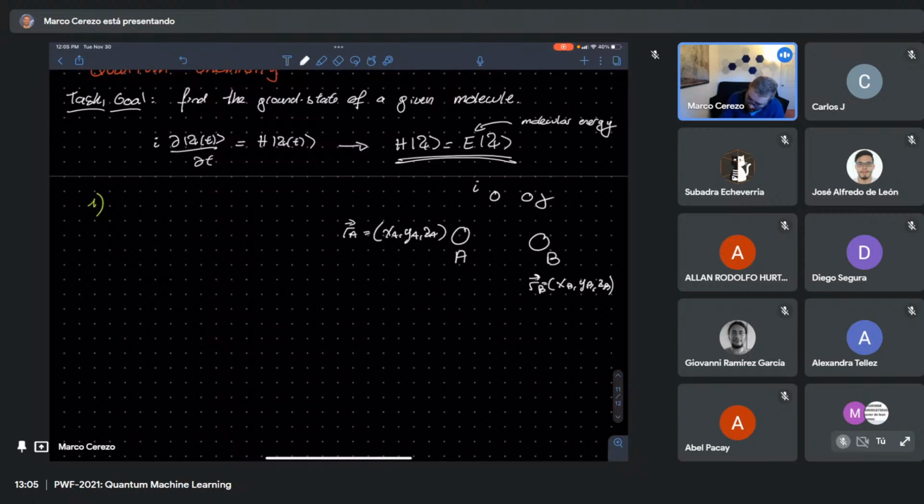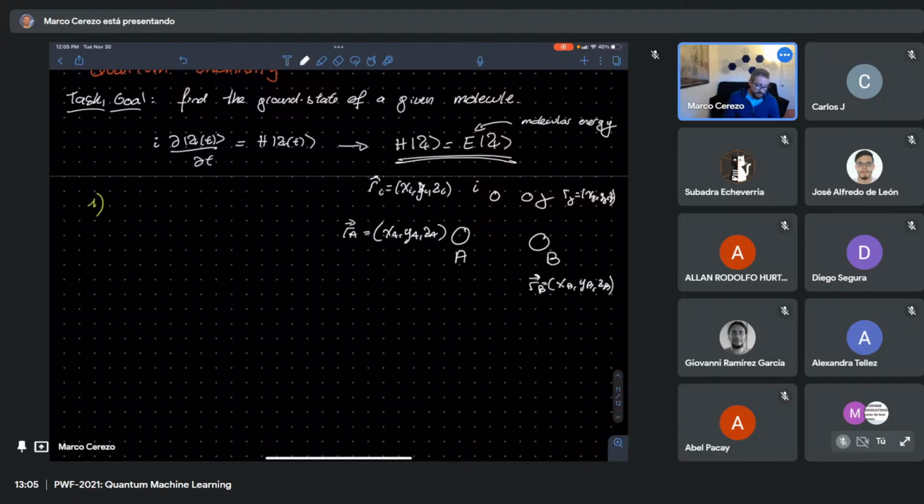And the same for the electrons: R_J is going to be X_J, Y_J, Z_J, and the same for I: X_I, Y_I, Z_I.